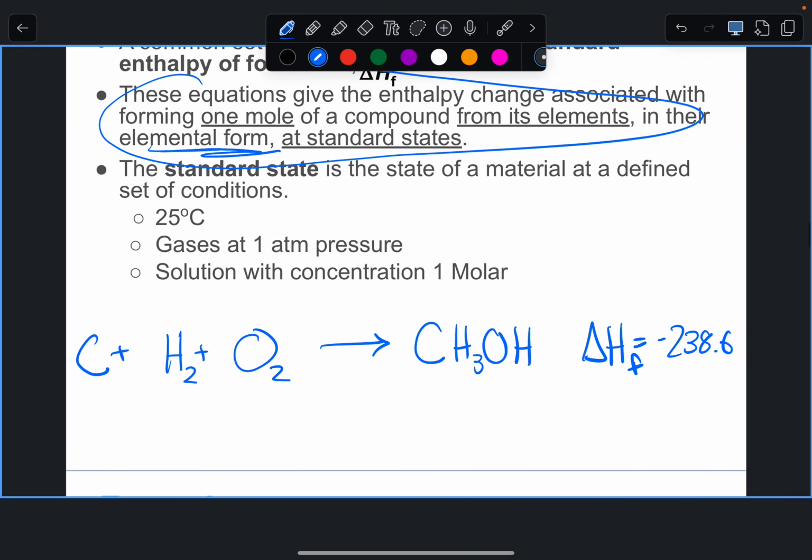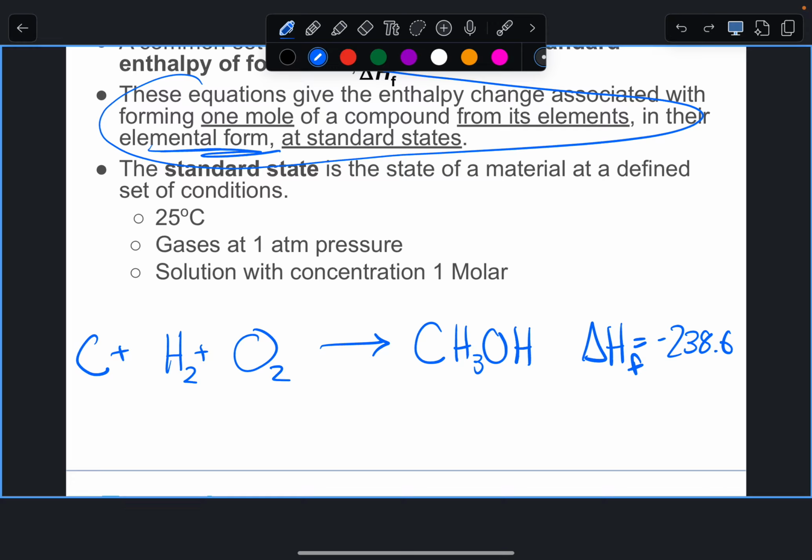Okay. Problem with what we've written so far, though, is that it needs to be balanced, okay? Normally, we would put a 2 here because there's 1 oxygen and we need to have 2 oxygens on that side, and we would go through that process. But we only form 1 mole. Like this enthalpy is for 1 mole. So this is one of the rare times when we let you use fractions.